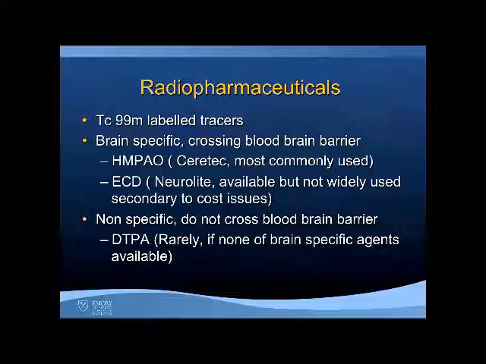Neurolite is available but is not widely used, secondary to cost and availability issues. So at most centers, HMPAO is used as the tracer of choice. Then there are non-specific agents that do not cross the blood-brain barrier, which is technetium-99 labeled DTPA, and this is rarely used if none of the other brain-specific agents are available.